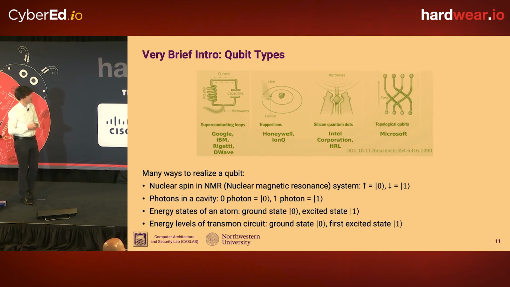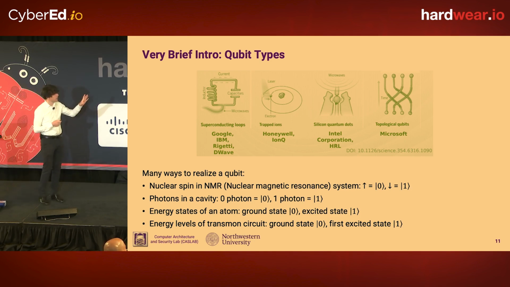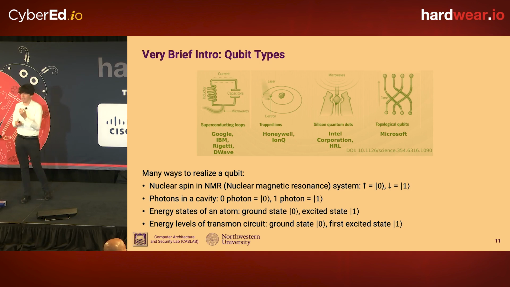I mentioned that qubits are implemented using different physical means. The two main ways of implementing qubits: one is what they call manufactured qubits. Today we'll talk about superconducting qubits, where you manufacture a physical circuit, using CMOS technology, that's used to create the qubit. Or you could have things like trapped ions, where each qubit is really a physical particle.